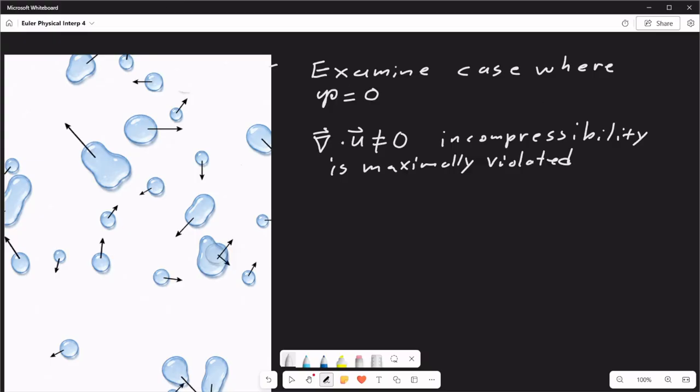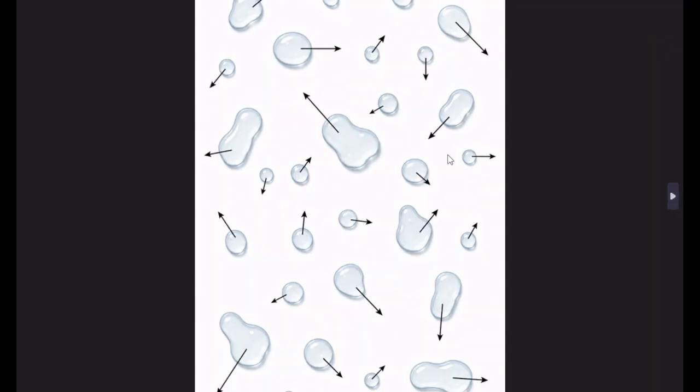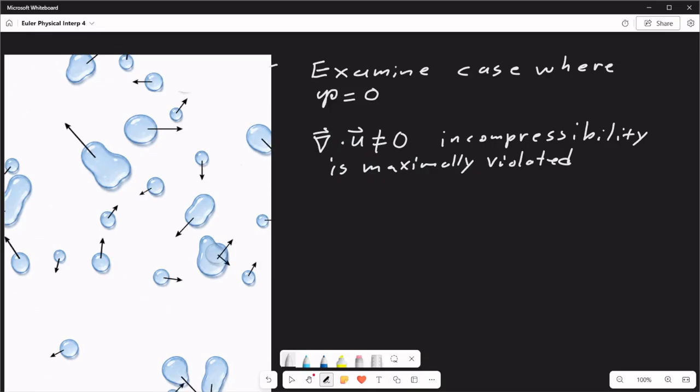So basically, this is the case. There's a bunch of these little fluid blobs, and they're all moving around with different velocities, so they're going in different directions. And back to the whiteboard, let's make some other assumptions. Let's also assume the external force is 0, so the G vector equals 0.